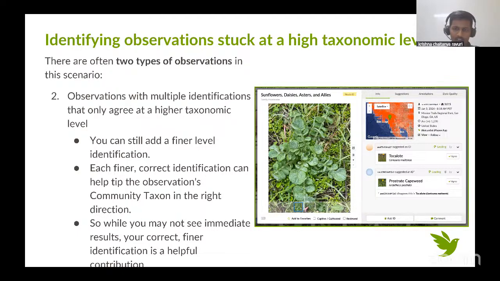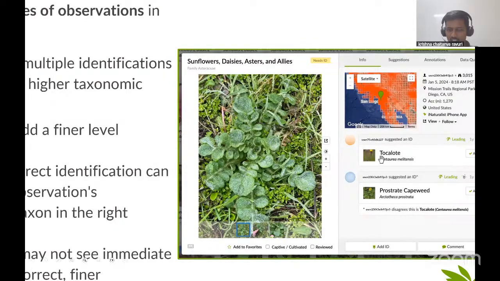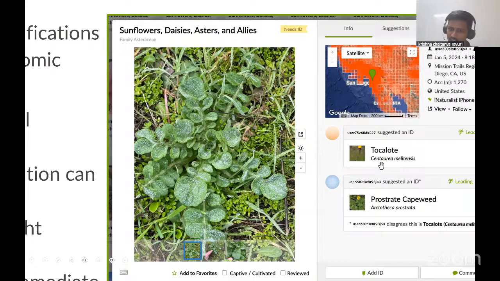This is something that happens when there's a disagreement. For example, here one user was saying that this is, I don't know how to pronounce that, Tocalote, I guess, and then there's a prostrate Cape Weed, and both of them are Asteraceae, but you see the genus are different.